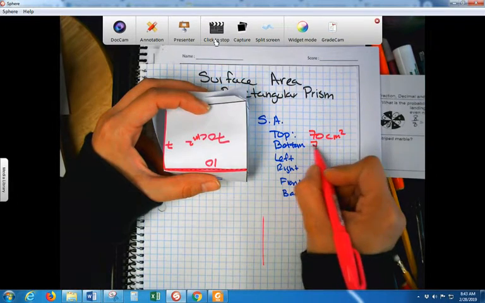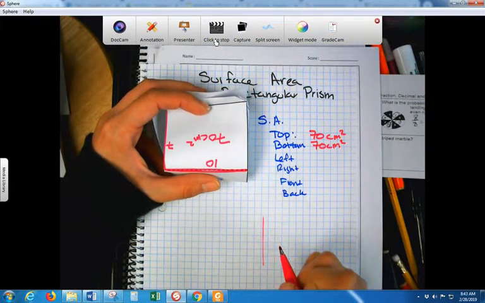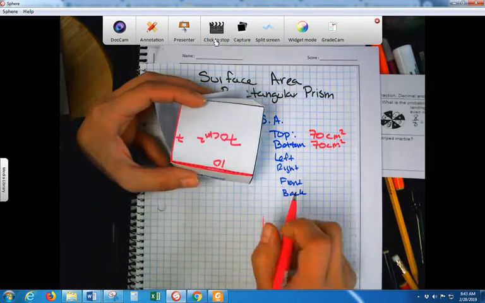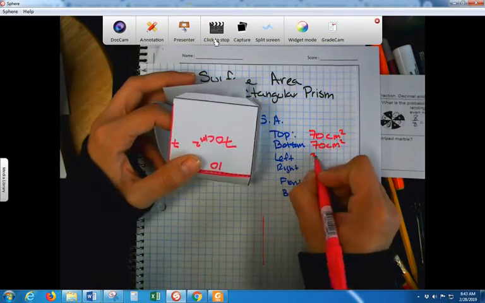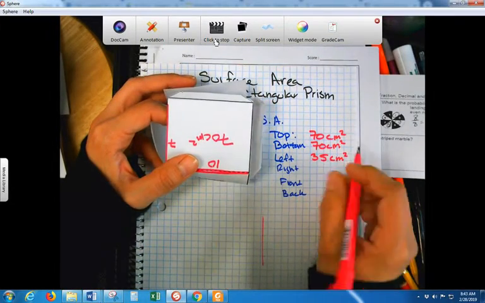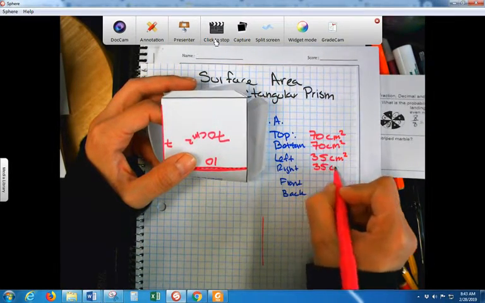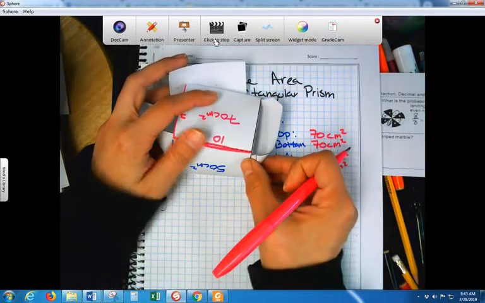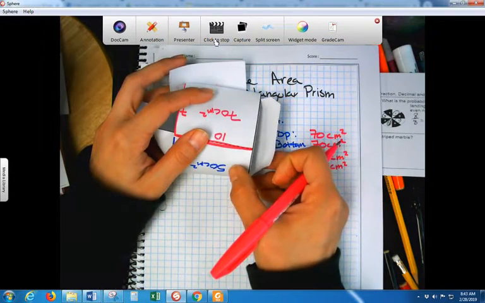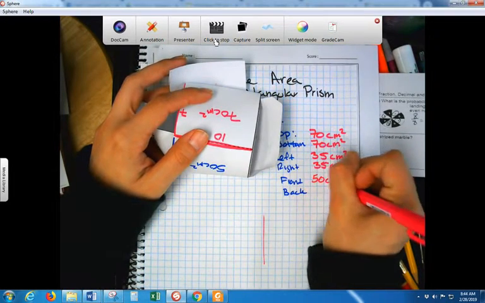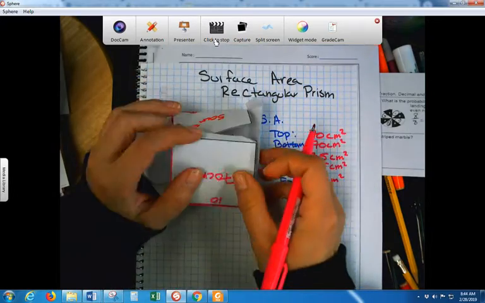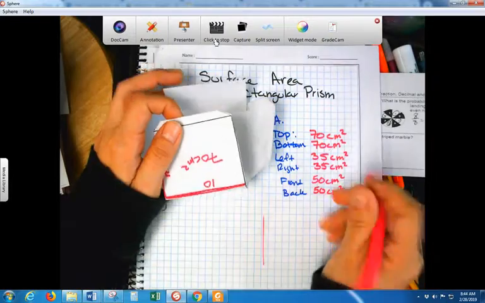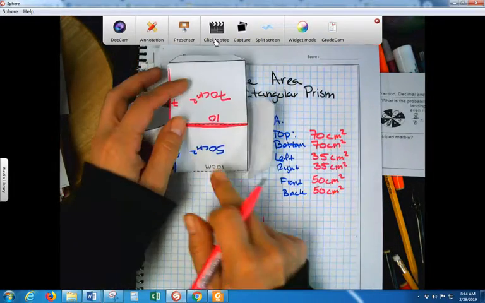Okay, I should see everybody writing this down. What's the area of the left? Yeah. So, therefore, what's the area of the right? Okay, what's the area of the front? I can bend and lean forward and go, oh, look, there's my front. That's 50. What's the area of the back? 50. Okay? So this is top. That's front. Does it really matter?